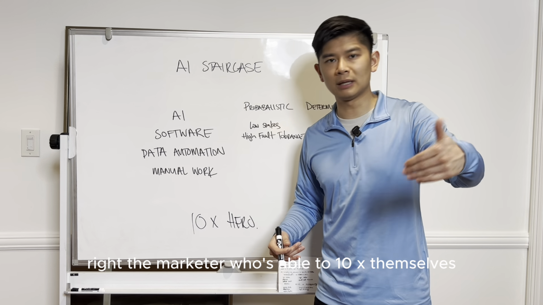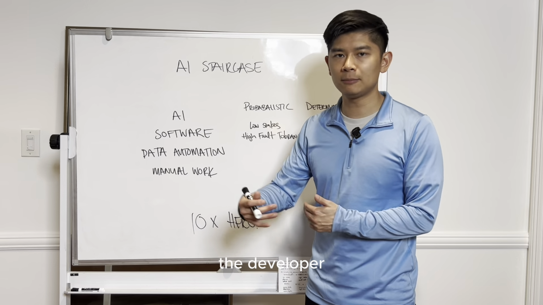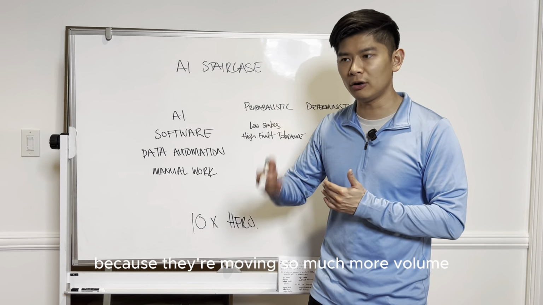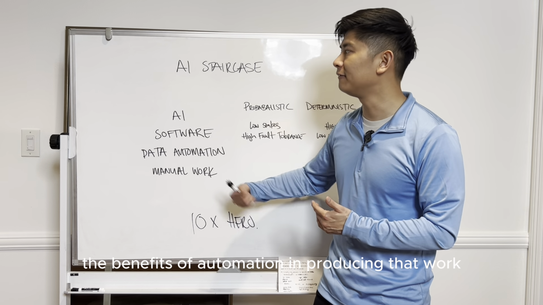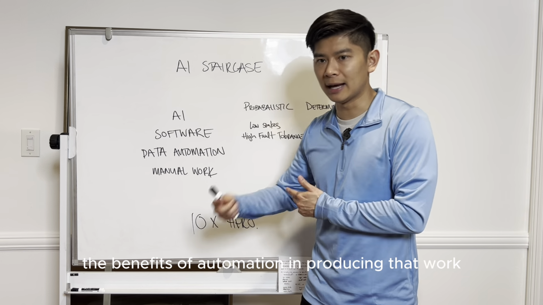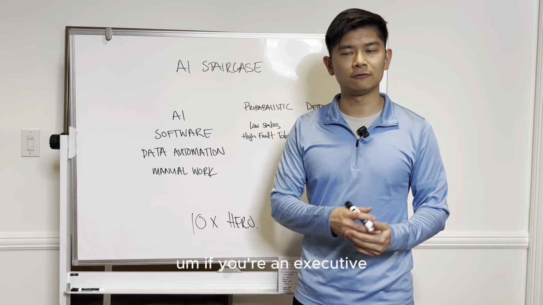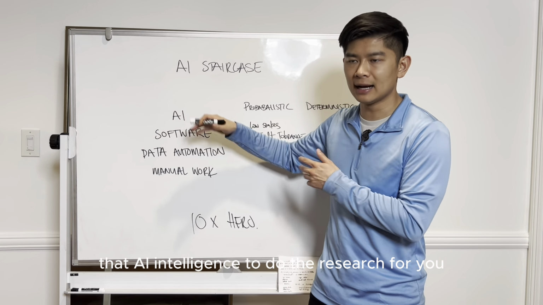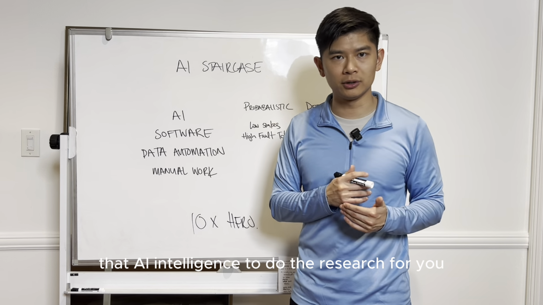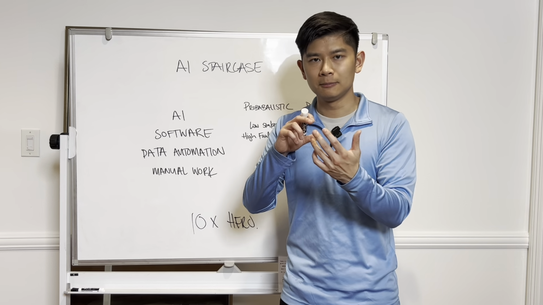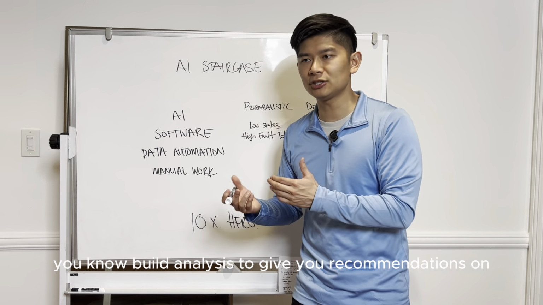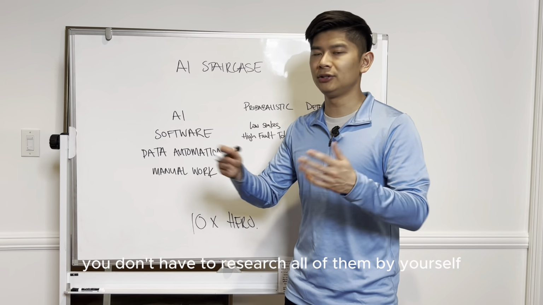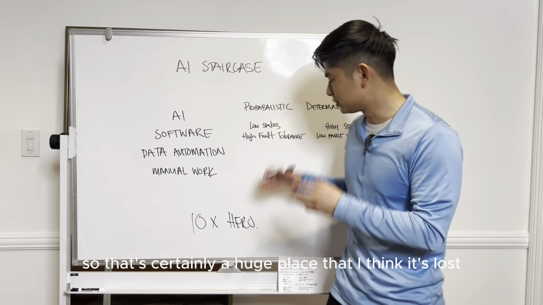The marketer who's able to 10x themselves, the software developer who can 10x themselves because they're moving so much more volume through the benefits of automation in producing that work. If you're an executive, leveraging the automation and the power of AI intelligence to do the research for you, to aggregate, summarize, build analysis, to give you recommendations, you don't have to research all 10 options in front of you by yourself, right?